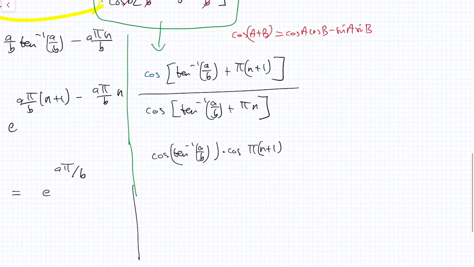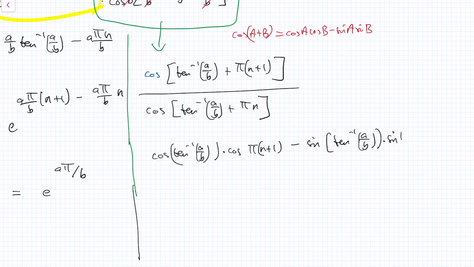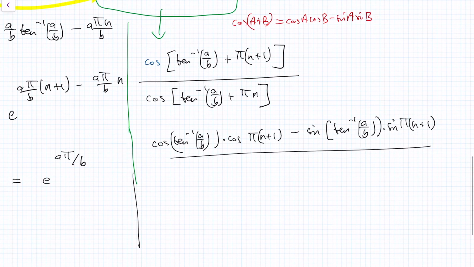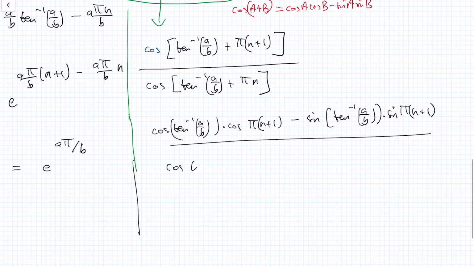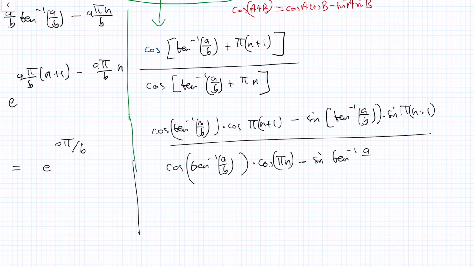That's cos A cos B, and then we have minus sine tan inverse of a over b times sine pi (n plus 1), right? And that's divided by cos tan inverse of a over b times cos pi n, minus sine tan inverse of a over b times sine pi n.